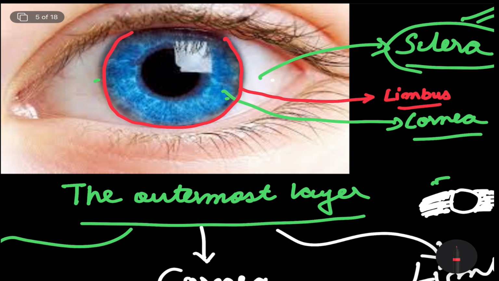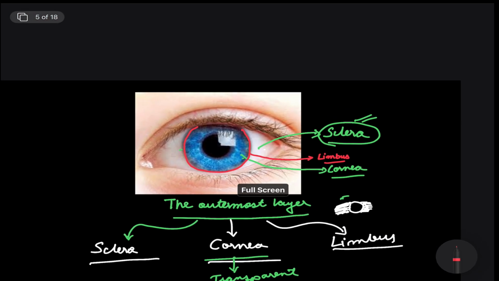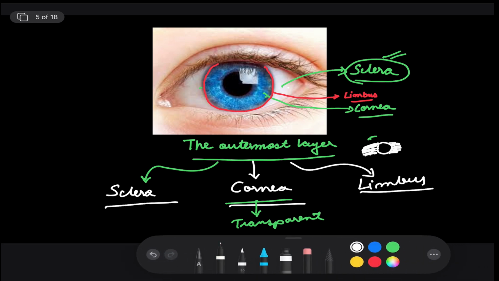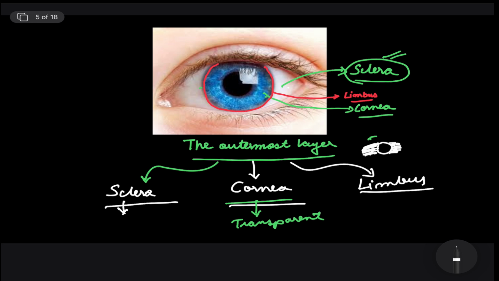Okay, just know that this is the outermost layer, and now we have successfully dealt with the outermost layer of the eye, which is the fibrous layer. So sclera, as I have already told you, is that outermost opaque white protective covering which extends from cornea in front to the optic nerve in back.